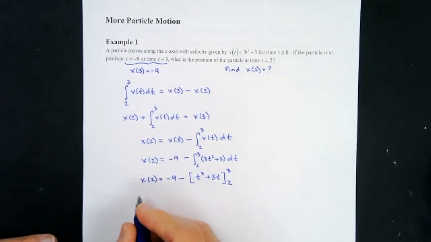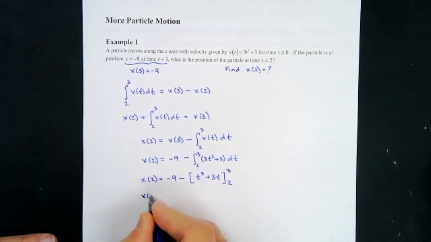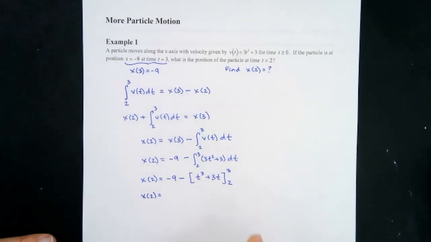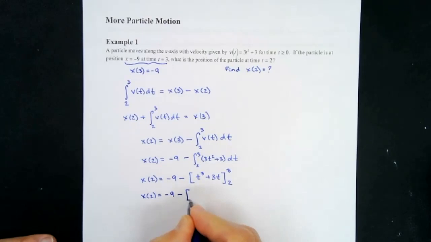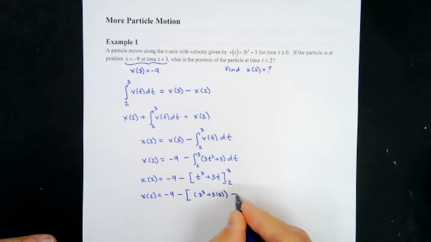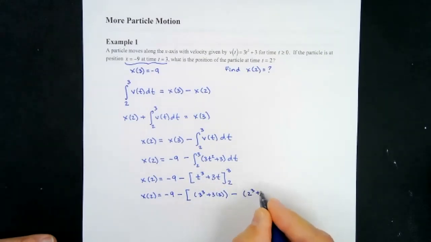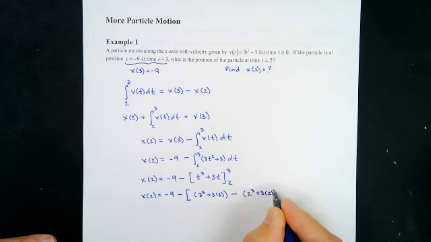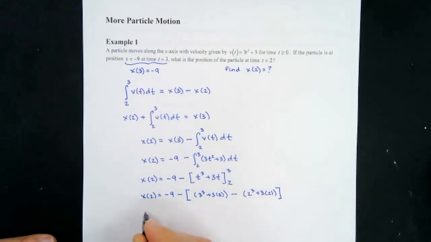So x of 2 is equal to -9 minus, open my bracket, and I'm going to evaluate this at 3. That would be 3 cubed plus 3 times 3. And then minus putting 2 in, so this would be 2 cubed plus 3 times 2. And then close my bracket.